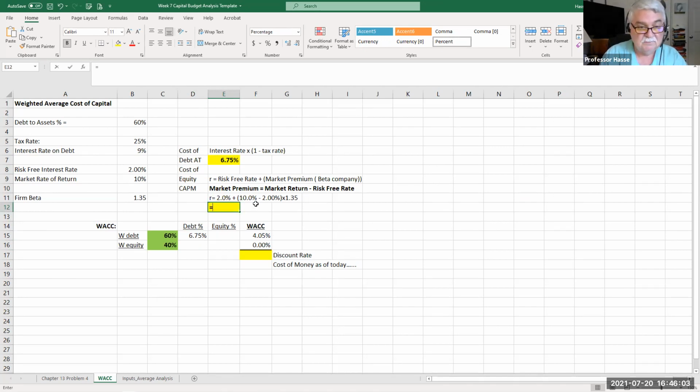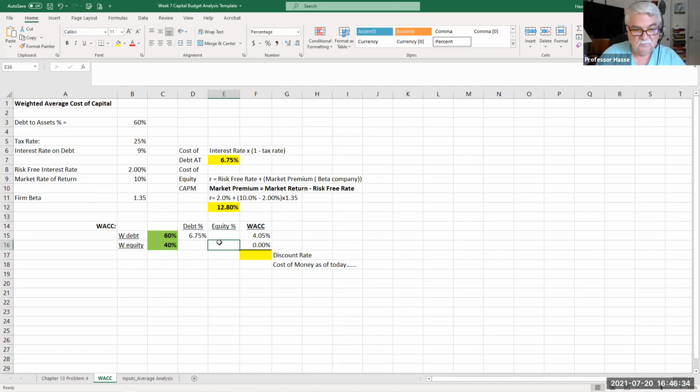So 2% risk-free rate plus the market premium of 10 minus 2 was 0.08 times the beta 1.35 of this company, and we get 12.8%, a little bit higher, 12.8%.